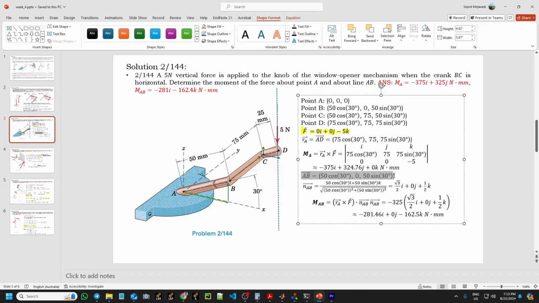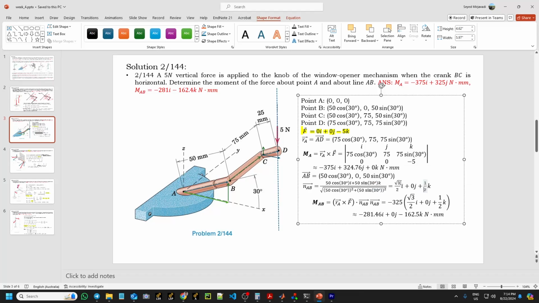How can we obtain the unit vector? We will just divide the AB by the magnitude of AB. How much is the magnitude of AB? You can easily say that it is 50, but if you don't know, you can just square this one and square this one, add them up, and take the square root, which is 50. And finally, the answer will be this.